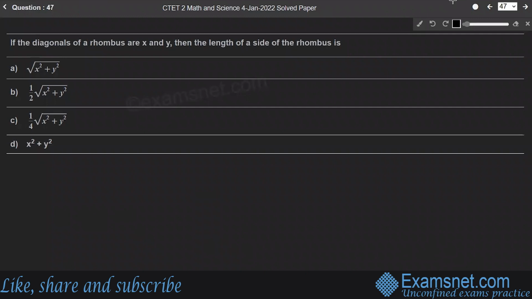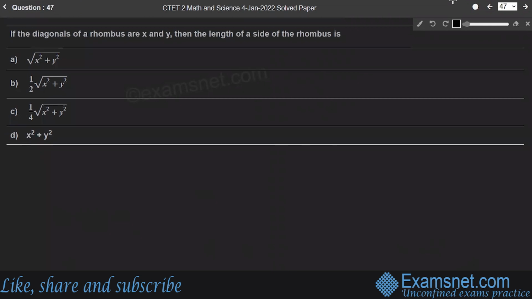Question number 47. If the diagonals of a rhombus are x and y, then the length of a side of the rhombus is. Let us consider a rhombus ABCD having two diagonals AC and BD.